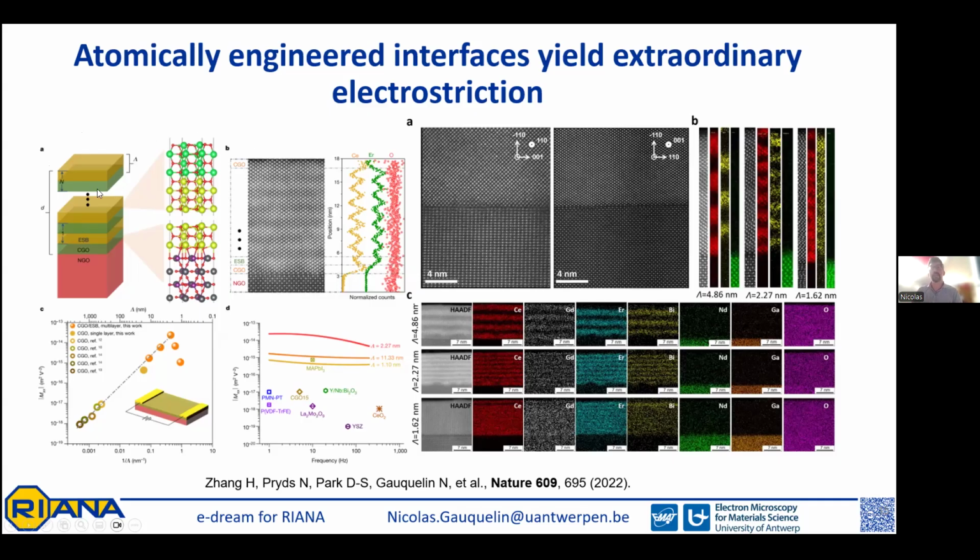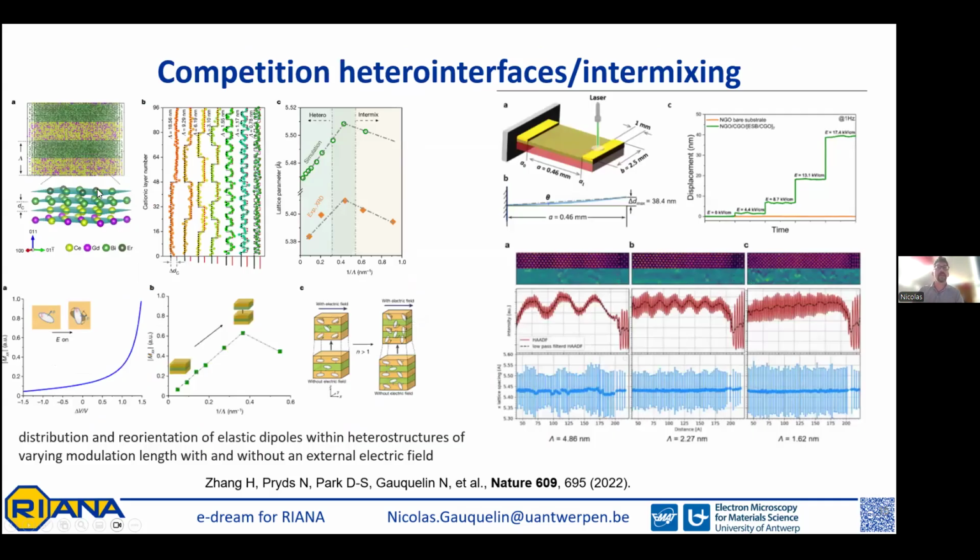And what is the effect of that? Well, what you see here from the calculations is that there is a competition between making interfaces and the intermixing. And when those are optimal, which is this point, the electrostriction coefficient is maximum.